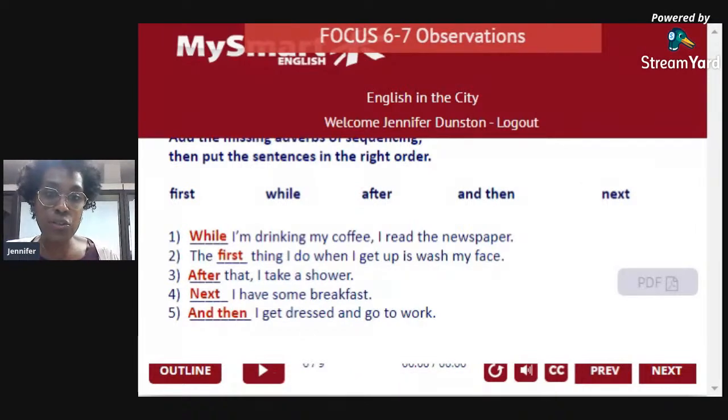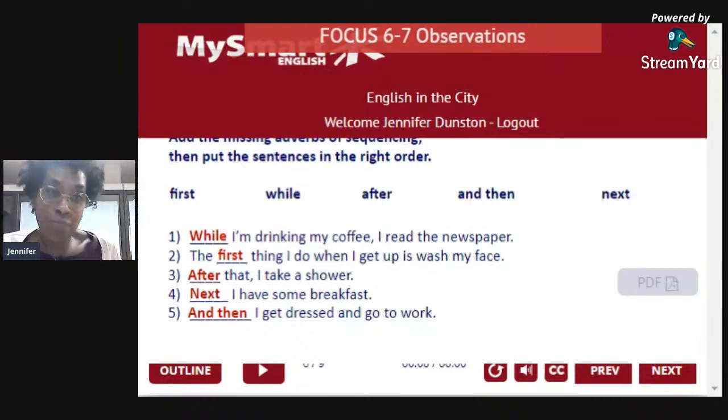So the first thing I do when I get up is wash my face. Next, I have some breakfast. While I'm drinking my coffee, I read the newspaper. After I have my coffee and newspaper, what do I do after that? Because actually the first thing I do when I get up is drink coffee.